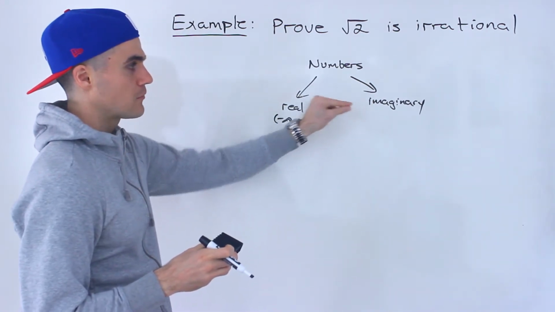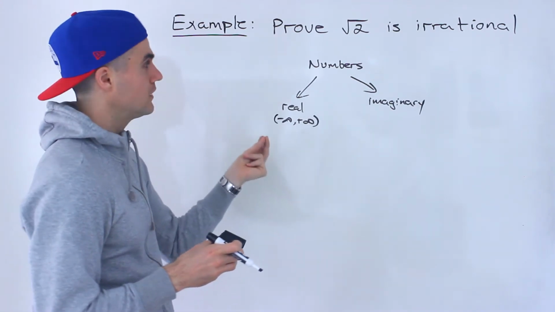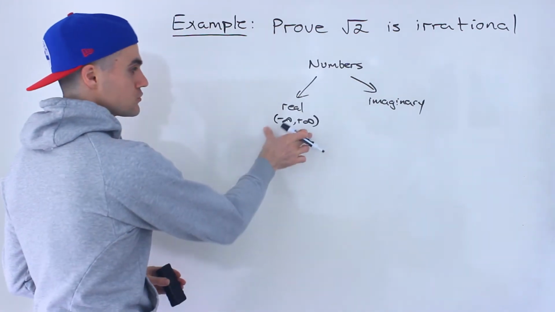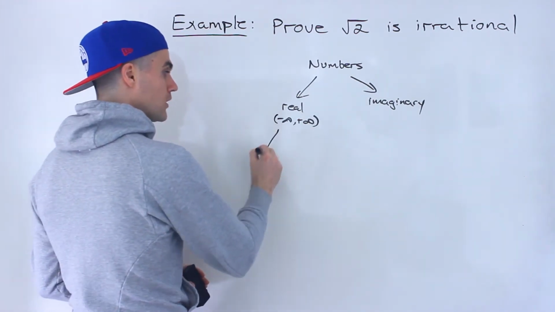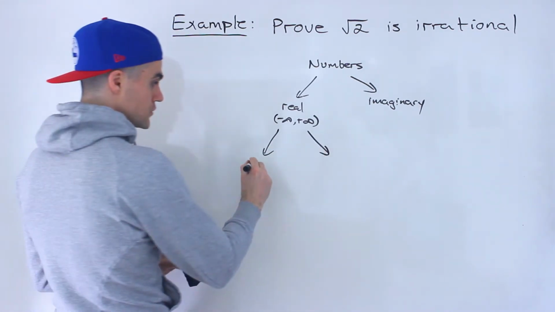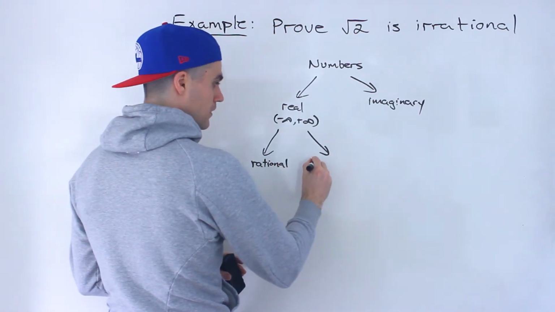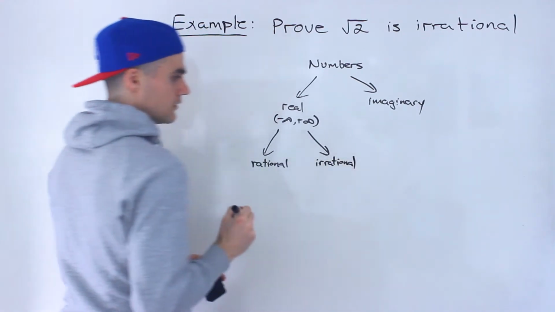Imaginary numbers contain that imaginary unit i, the square root of -1, and we're not dealing with that with root 2. So root 2 is a real number, and real numbers can be one of two things: a rational number or an irrational number.